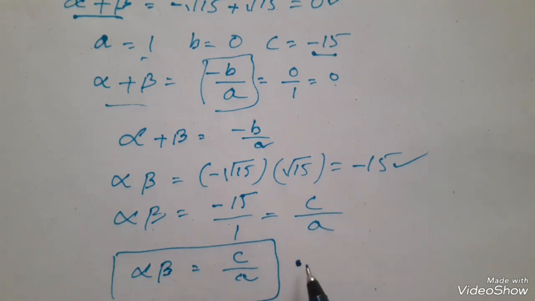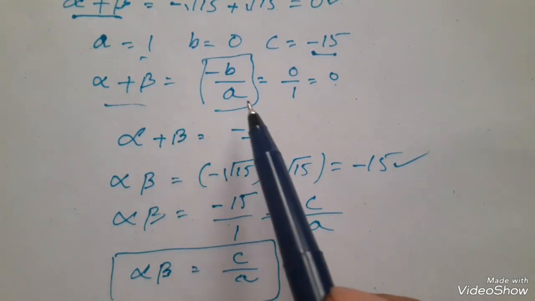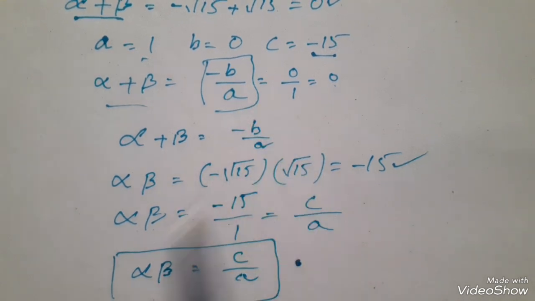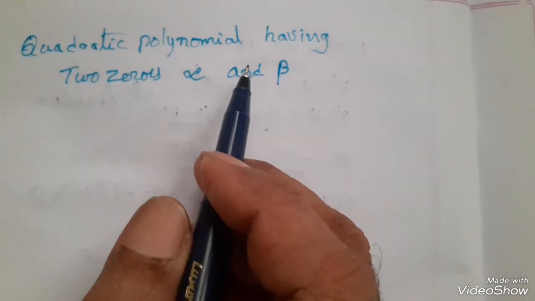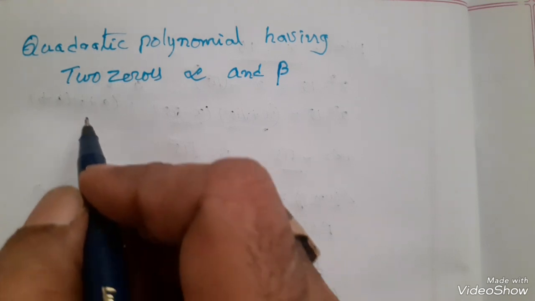So c by a means constant by coefficient of x square. Same here, alpha plus beta means minus coefficient of x by coefficient of x square. So what is the quadratic polynomial having two zeros alpha and beta?